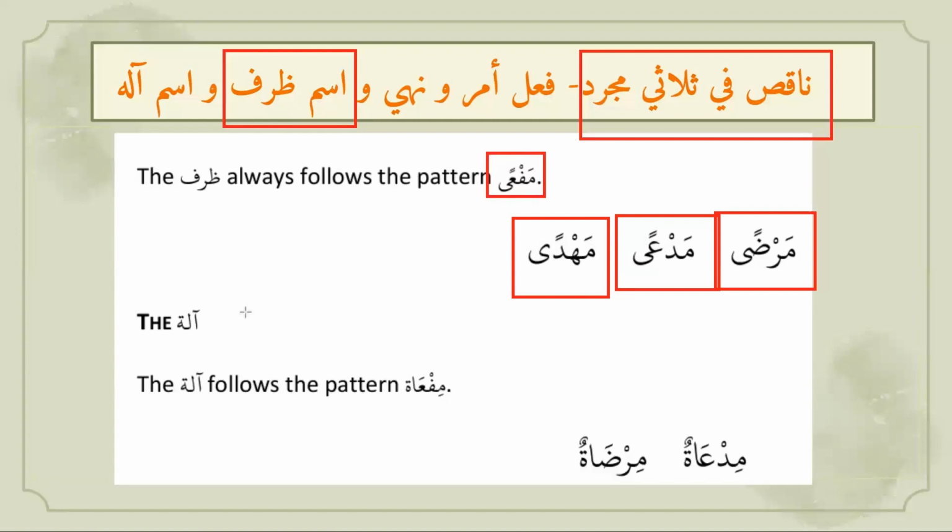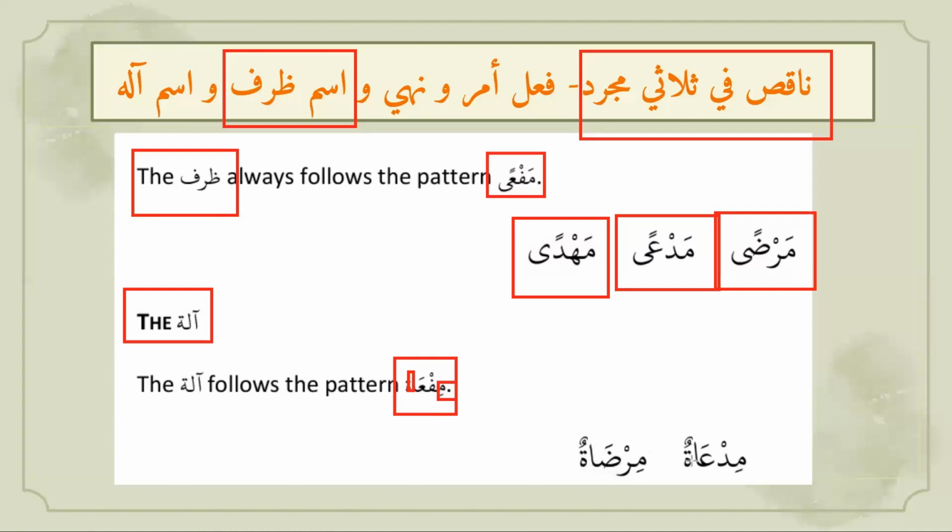Now the second form of word that you are going to learn today is ism ala, which follows the pattern of mif'atun. So the meem is extra and this alif is extra, while fa is the first root letter, ain is the second root letter, and tun is added at the end.